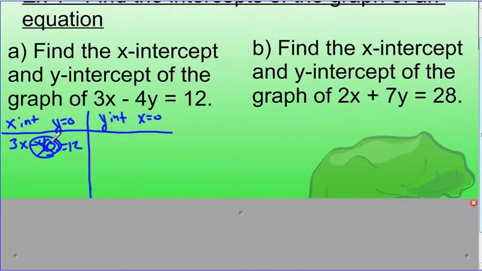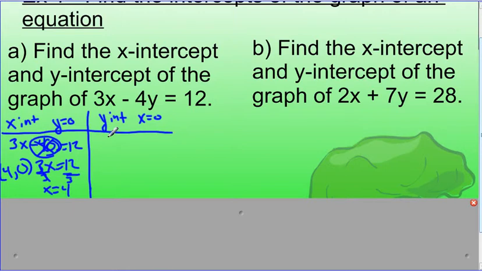That's just 0. So I've got 3 times x equals 12. Divide by 3. This is solving now, getting the variable by itself. Divide by 3, and x equals 4. So I have the point when the x-coordinate is 4, the y-coordinate is 0. So point (4, 0). That is my x-intercept.